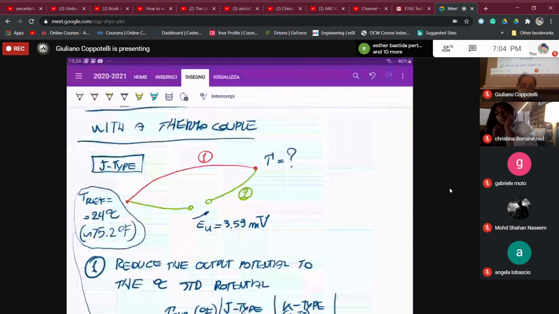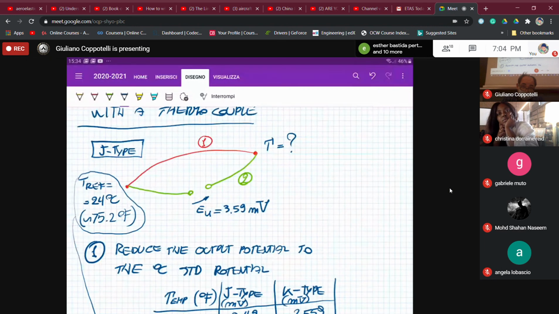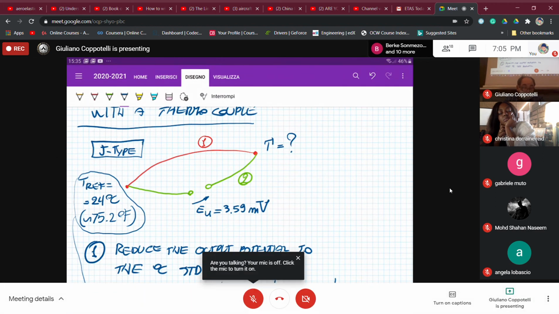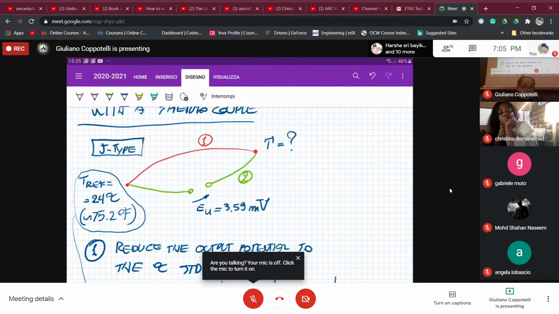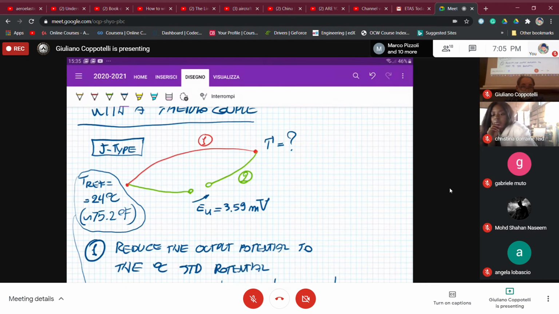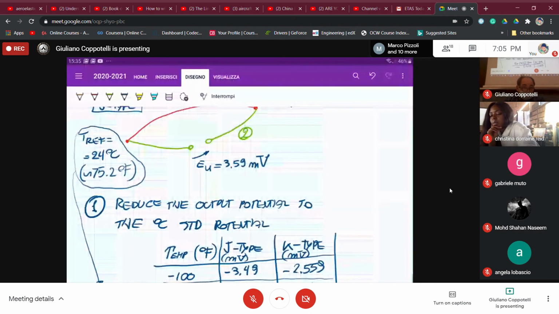How can you do that? First, let's reduce the output tension to the 0 degree first. Remember the law of intermediate temperature. So let's figure out what happens to that thermocouple if the hot junction is at 24 degrees and the cold junction is at 0 degrees Celsius. Simply go to the table and see what the standard potentials are.